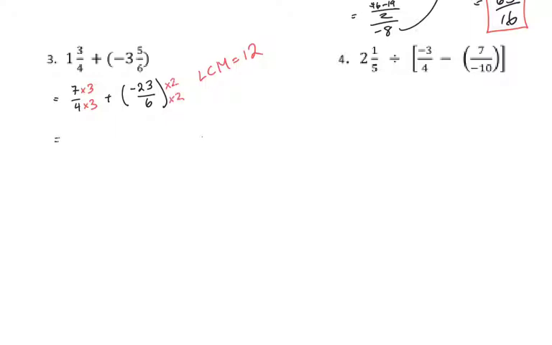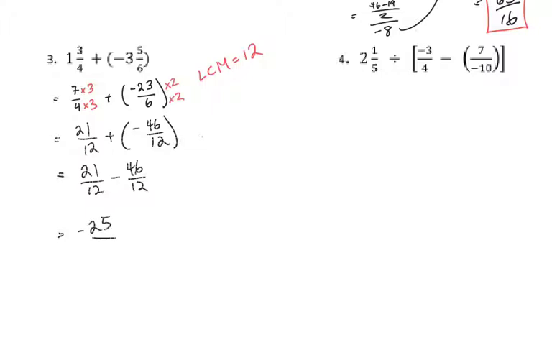Our next line will be 21 over 12 plus -46 over 12. Now, using the simplification of our plus and minuses, we get 21 over 12 minus 46 over 12, which ends up being -25 over 12.